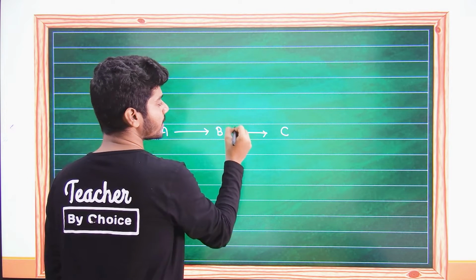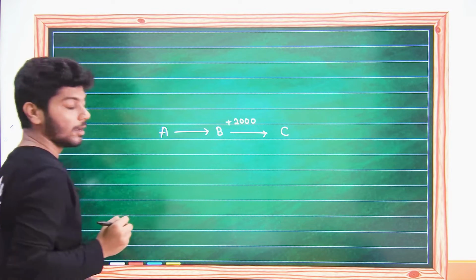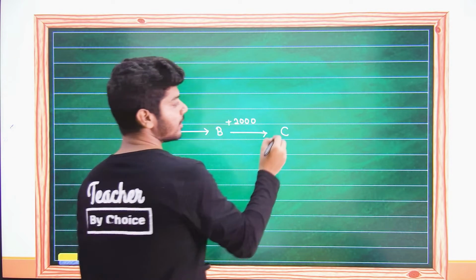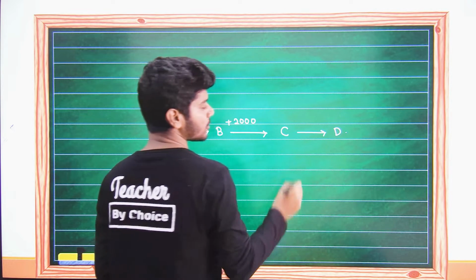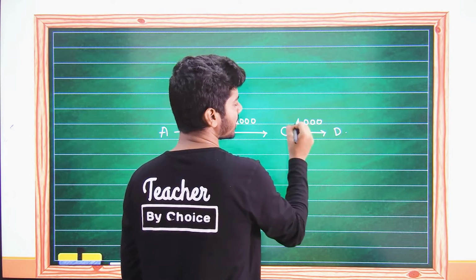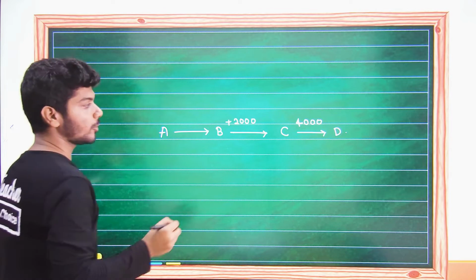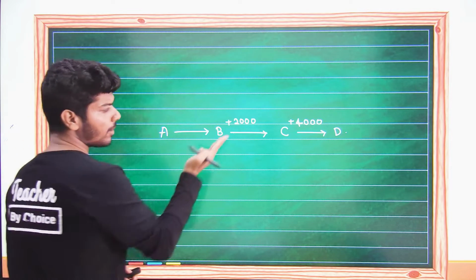Suppose 2,000 rupees is here, profit plus 2,000. Now C is selling it to D. Suppose the profit is 4,000 here. The numbers can be anything, right? Always remember, profit is written above the arrow mark.